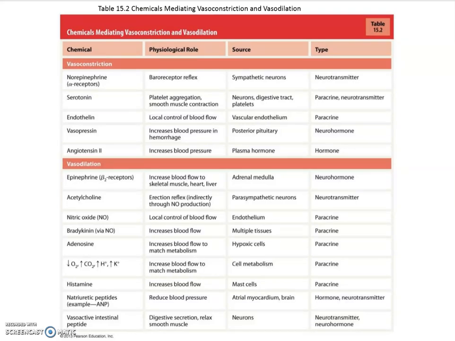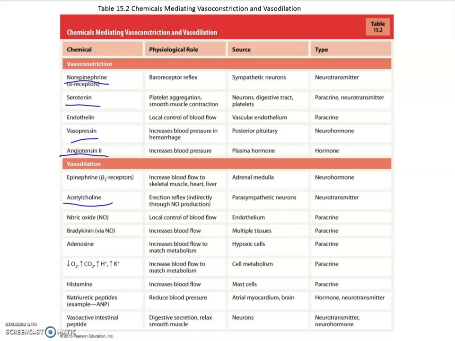On the vasoconstriction side, you can take a look at serotonin, norepinephrine, of course, and angiotensin 2, vasopressin as well. So those would be some factors that will decrease the blood vessel diameter. On the vasodilation side, we have acetylcholine from the parasympathetic side.